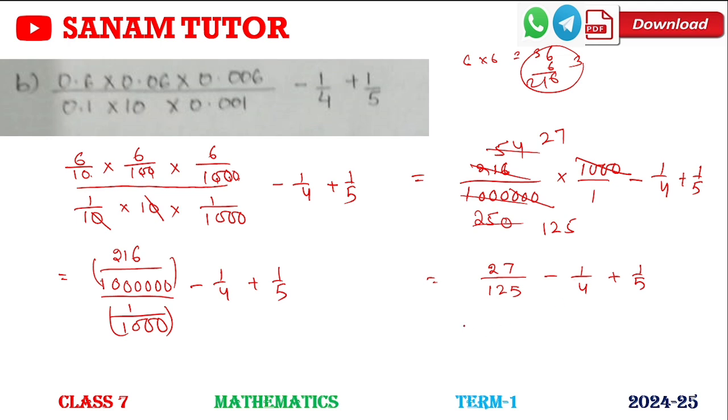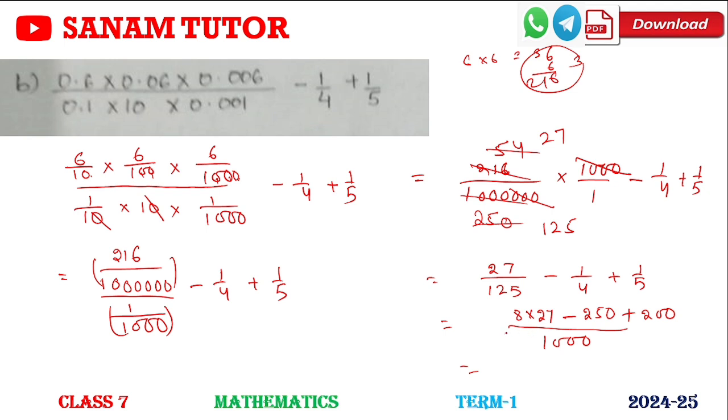Okay, so now take the LCM as 1000, 5 into 4 into 125 is 1000. So 125 eights are 1000, so 8 into 27, minus 4 twos are 8, 4 fives are 250, plus 200.